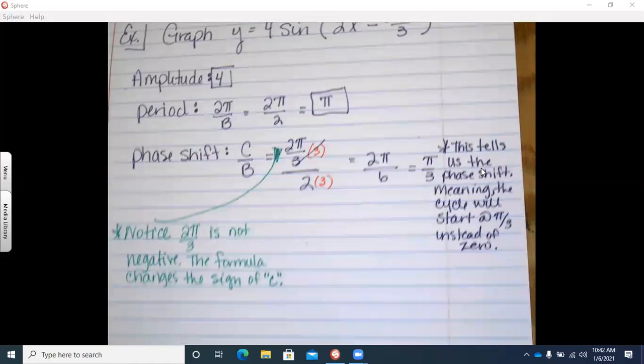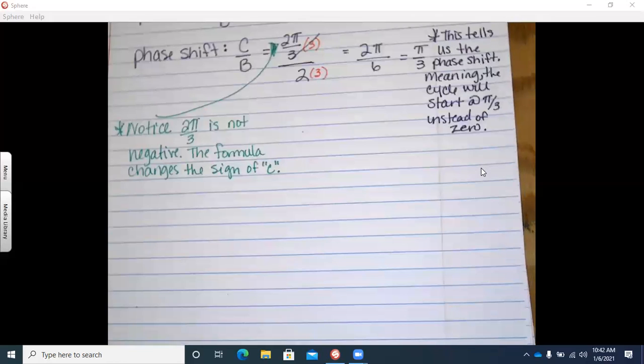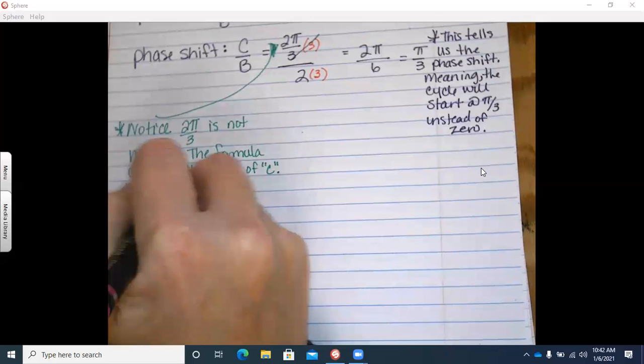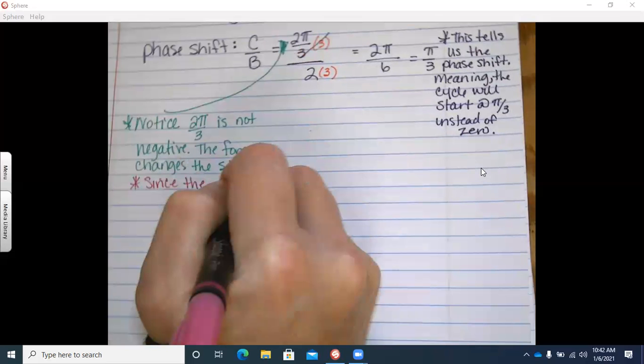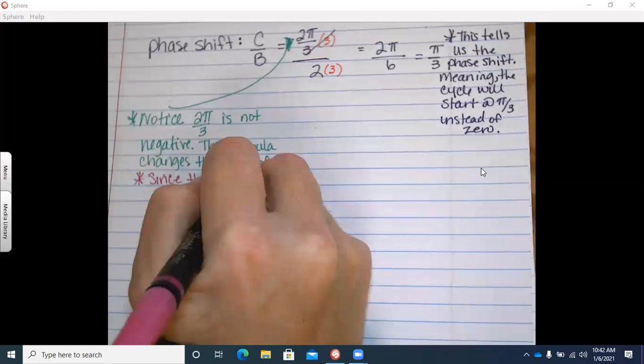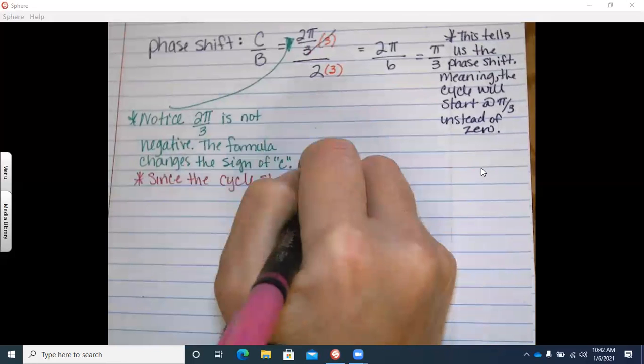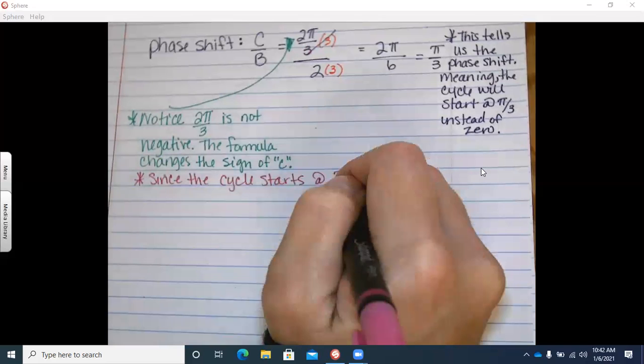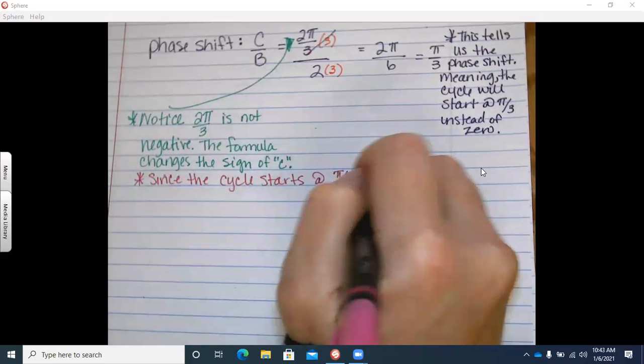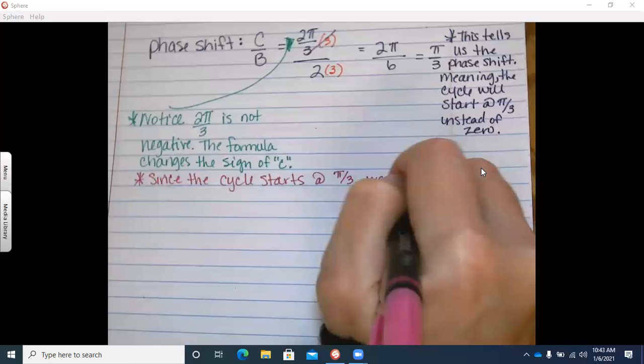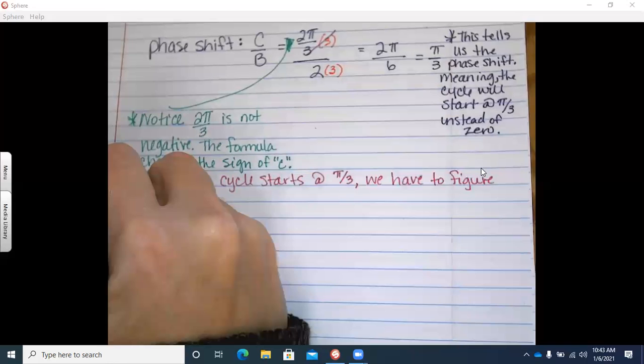Okay, so since the cycle starts at pi thirds, we have to figure out where our main x values will be.